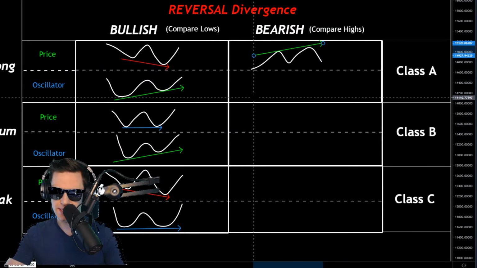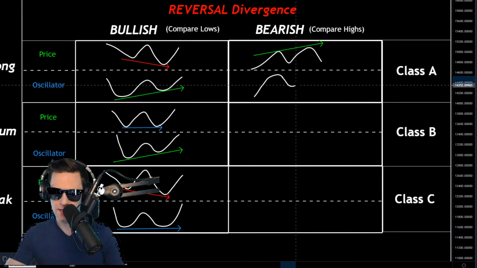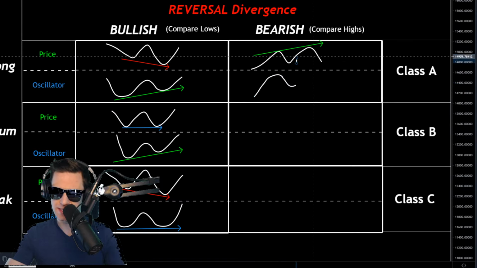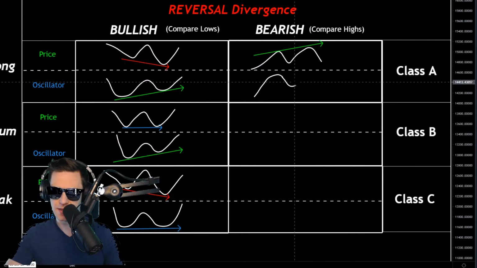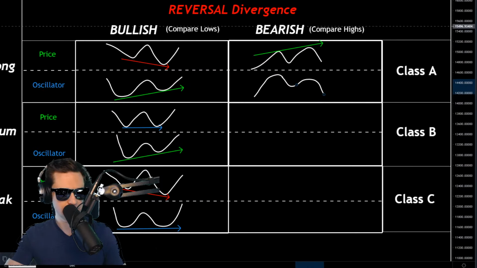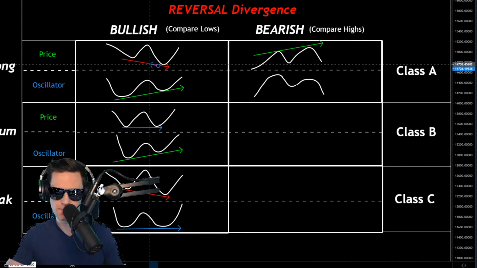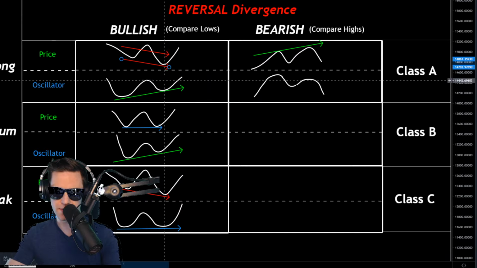We expect to see the oscillator move up with price, pull back with the dip, and then move up with the second rally with the higher high. But the oscillator isn't agreeing. The oscillator says, no, this is a lower high. We're going to place the red arrow.